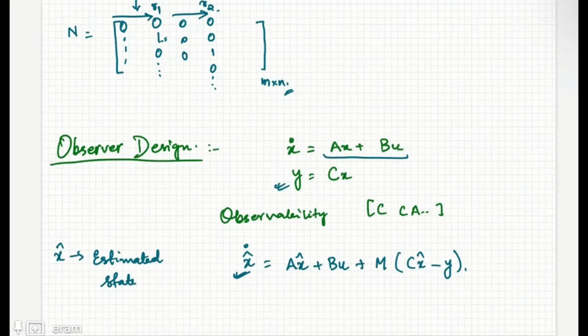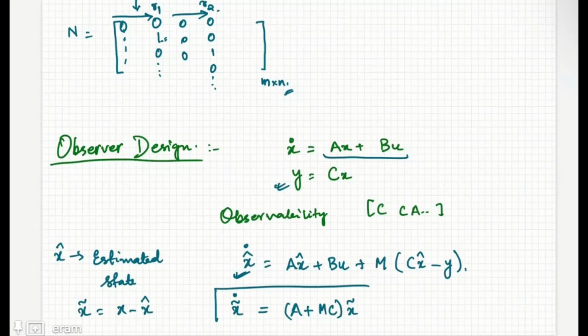Y is available to us through measurement and these x hats are the estimated states. So the x tilde, which is the error, x minus x hat, the error system is given as A plus MC into x tilde.